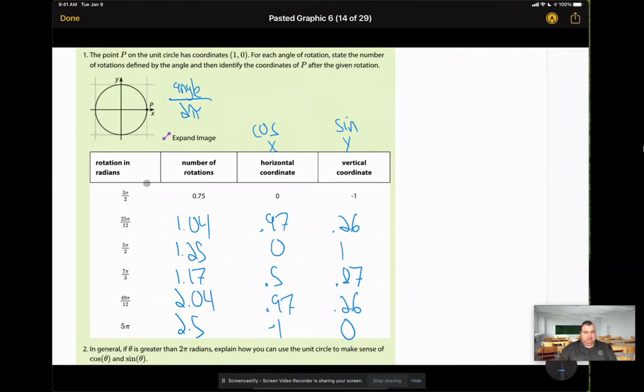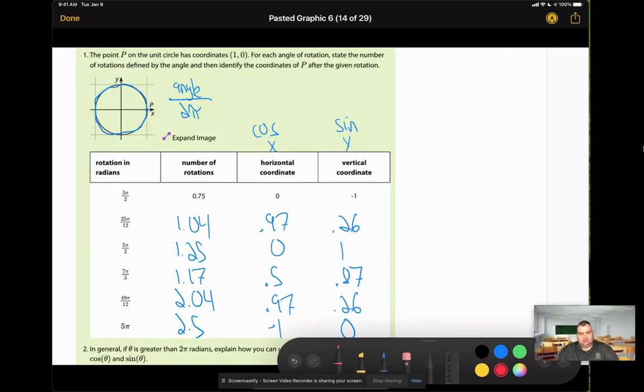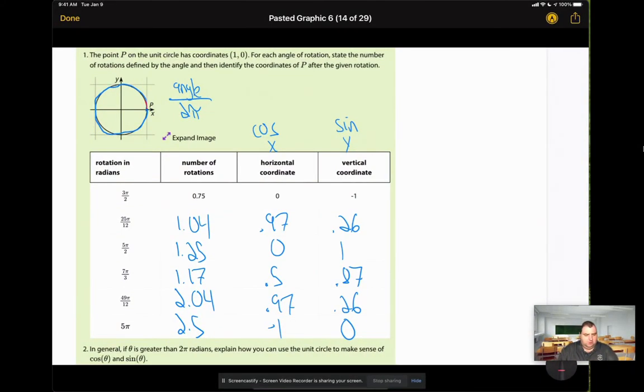Okay, so for example, for 25 pi over 12, 1.04 rotations means I go around the circle one time, and then I go 0.04 around a second time.